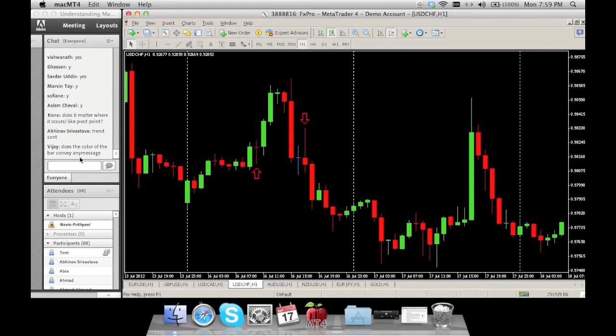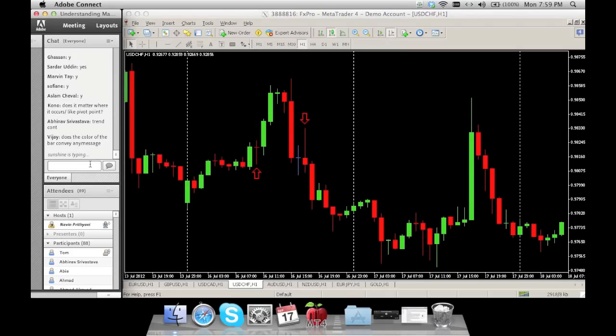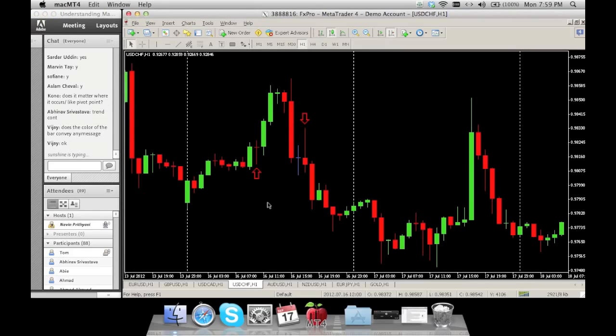Okay, Vijay, does the color of the bar convey any message? No, do not worry about the color of the bar. In terms of exhaustion and trend continuations, don't worry about the color. Okay, so let's move on to some more examples.